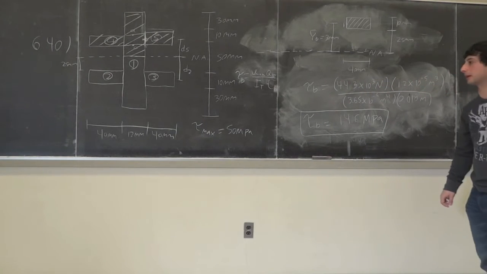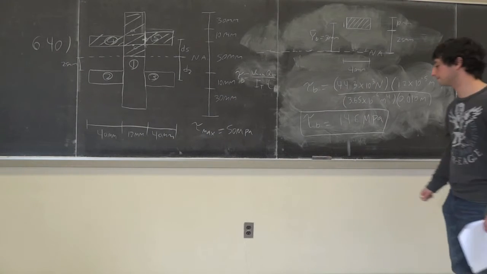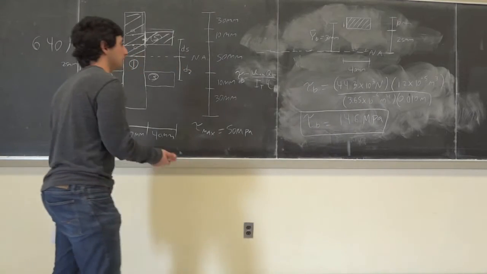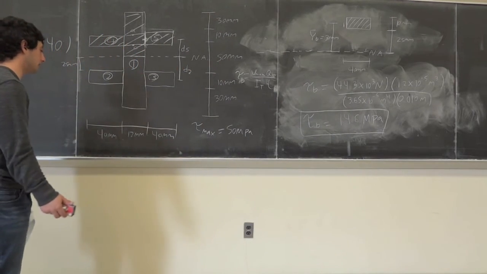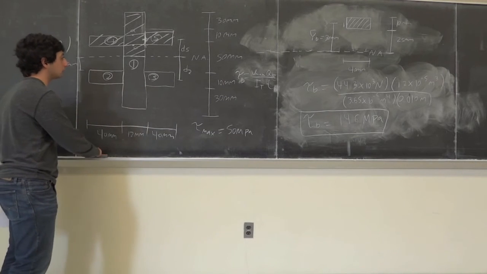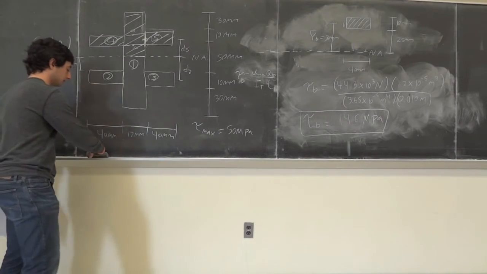And then finally, we're going to have to find the transverse shear in section C. Now, let me ask you guys, before I even draw it, what do you think t is in this case? It's just going to be 12. Yeah, it's the same.